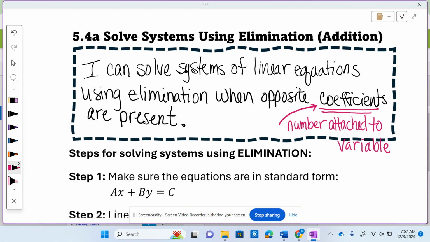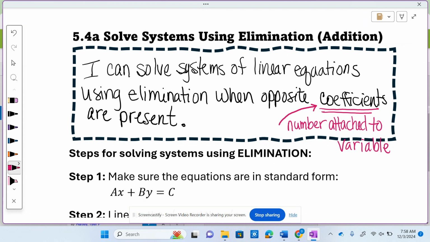So that means that I'm looking for a 3x in one equation and a negative 3x in the other equation, or a negative 2y in one equation and a positive 2y. So the coefficients, same number, but they're opposite.